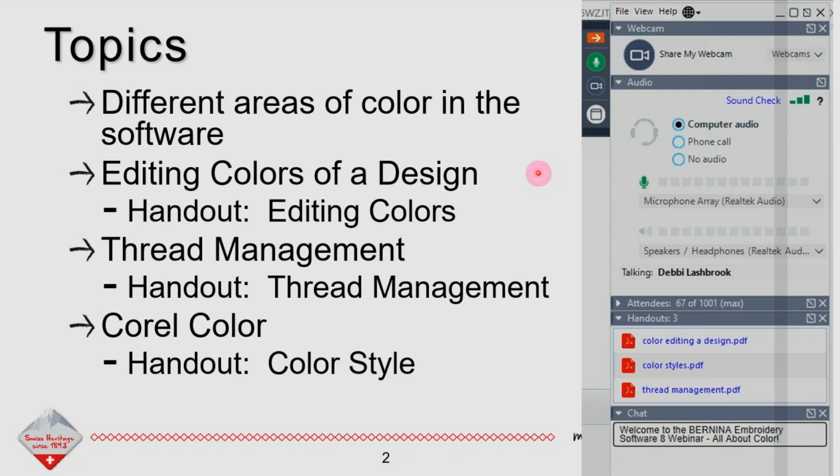Now, there is a lot of information covered, but everything that I'm going to say is going to be included in the handout. And remember, you can always review the webinar after it's posted on the website.